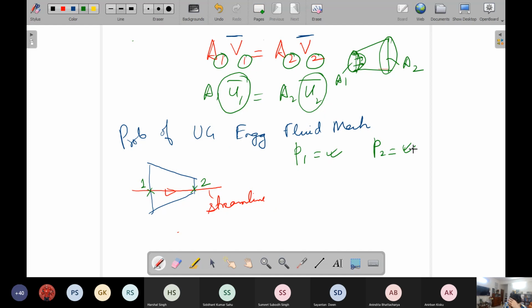and let us say you are given, what more. So you are given the pressure at 1, the pressure at 2, and maybe area of 1, area of 2. You have to find out what is the rate of flow through this.